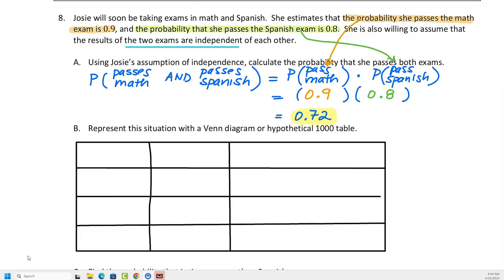And here. So I know this is going to be total, and this one's going to be total down here. So this is going to be pass Spanish, this is not pass Spanish.